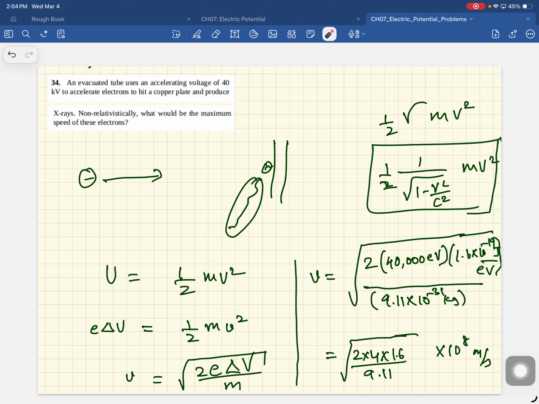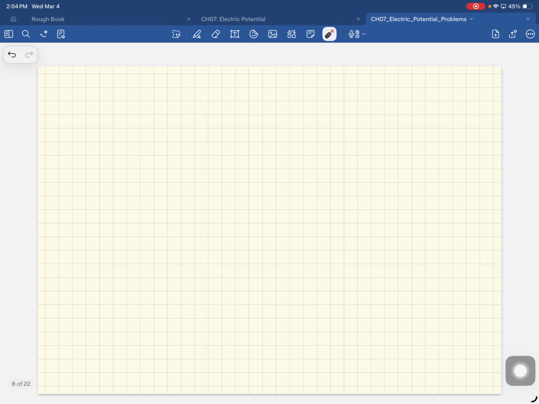Okay, so when you store energy, it's creating electric fields. And if the electric field gets greater than 3 million volts per meter, what happens? I think that air will become conducting, and all that energy stored will go down the drain. So that's the limitation, okay? All right, so there's a maximum amount of energy you can store, okay? So you want that electric field to be less than that critical electric field, and that's what this problem is about.